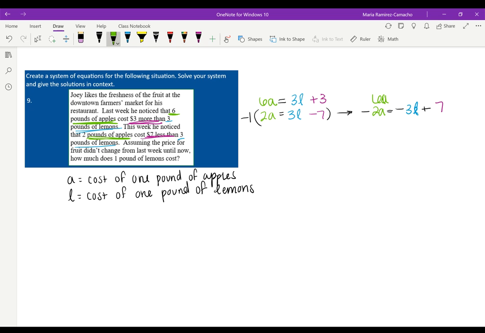6A equals 3L plus 3. Now if I add these two equations from top to bottom, 6A plus -2A is 4A. 3L plus -3L cancels out to 0.